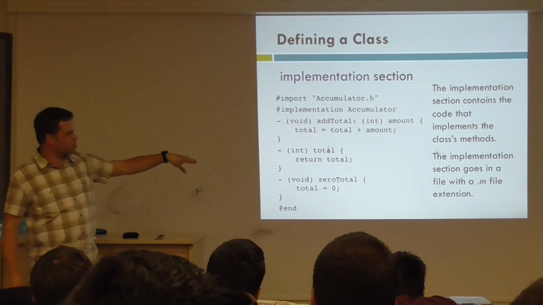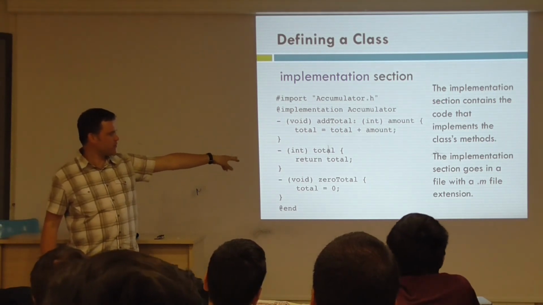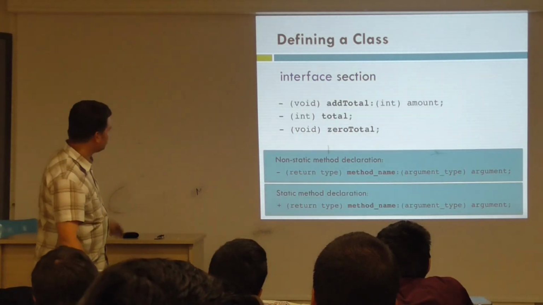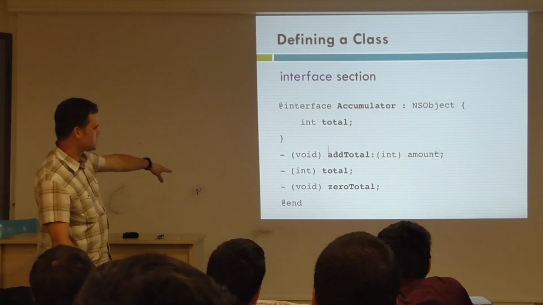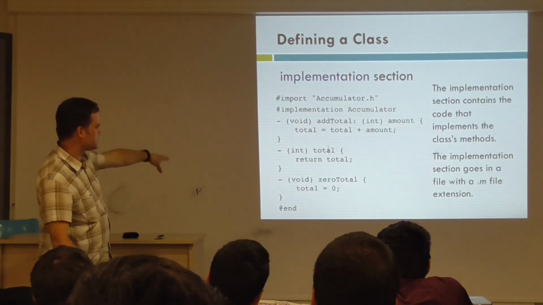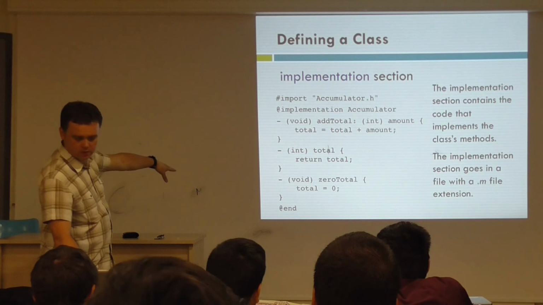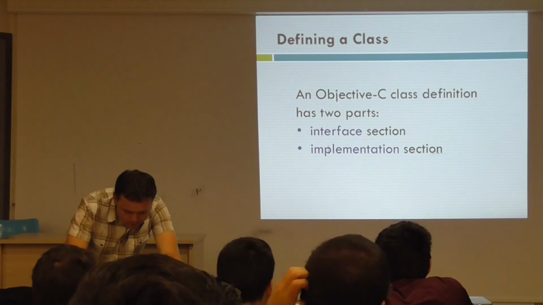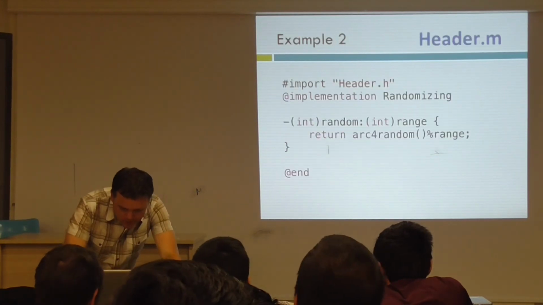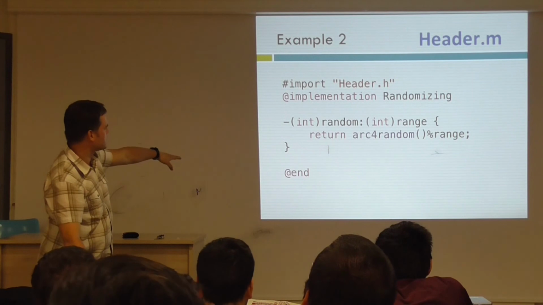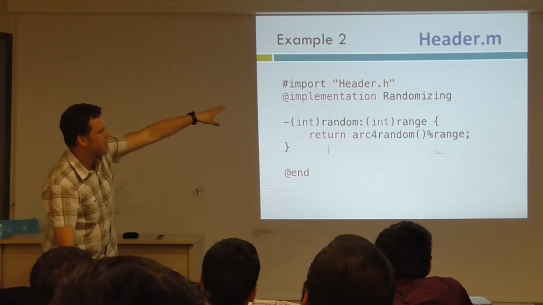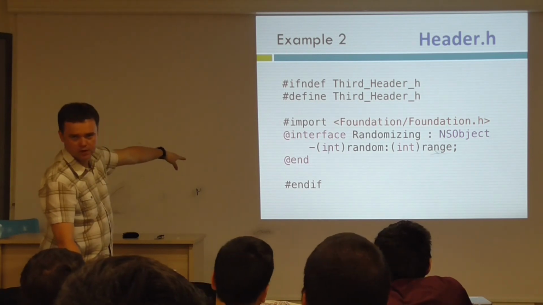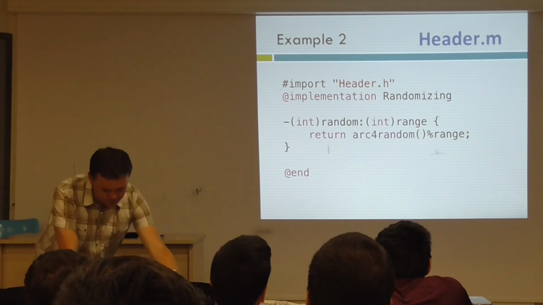Implementation, of course, we know should be stored in a file with the .m extension. So this is interface, and this is implementation. Different files. Like here, you can go back to this one. You can see this is implementation, header.m, header.h. This is the interface and implementation.